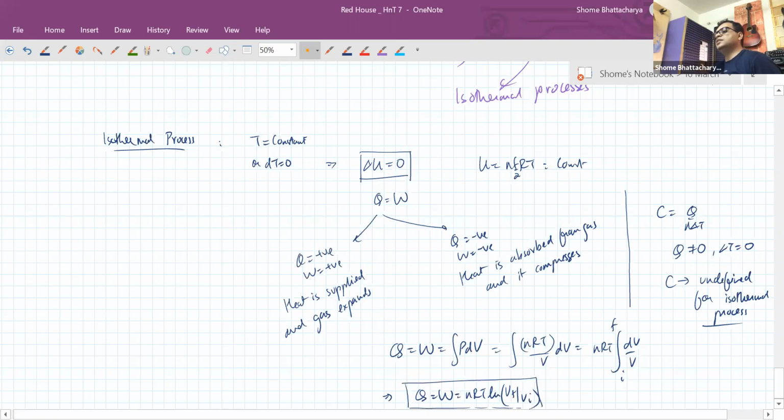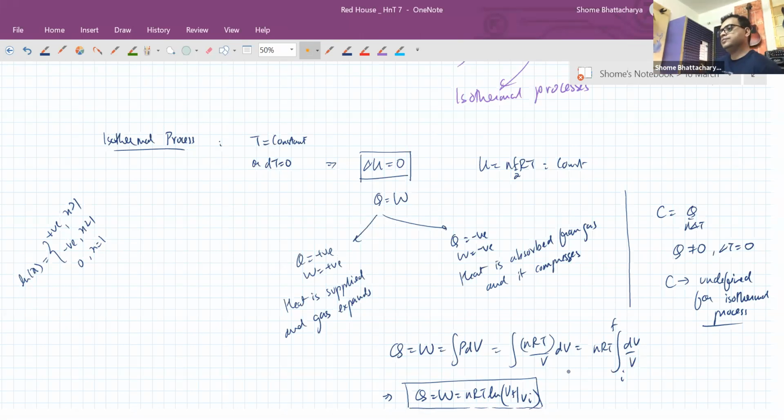And as you can logically understand, this quantity will be positive when final volume is greater than initial volume, because ln of x is positive when x is greater than 1, negative when x is less than 1, 0 when x is equal to 1. So when final volume is greater than initial volume, that is, expansion is happening, work done is positive, as it should be logically.